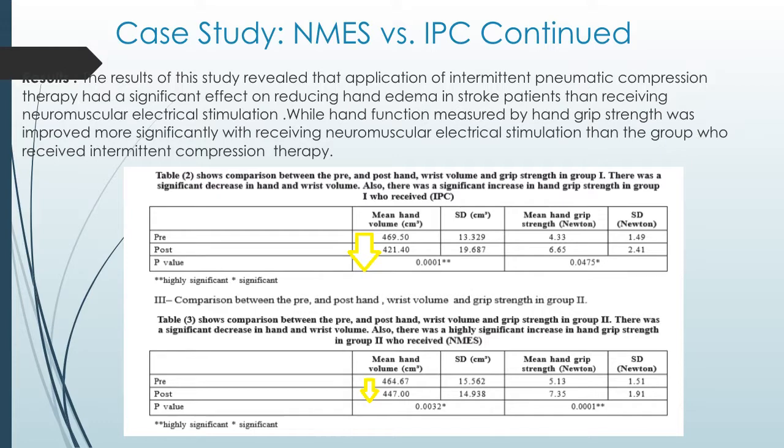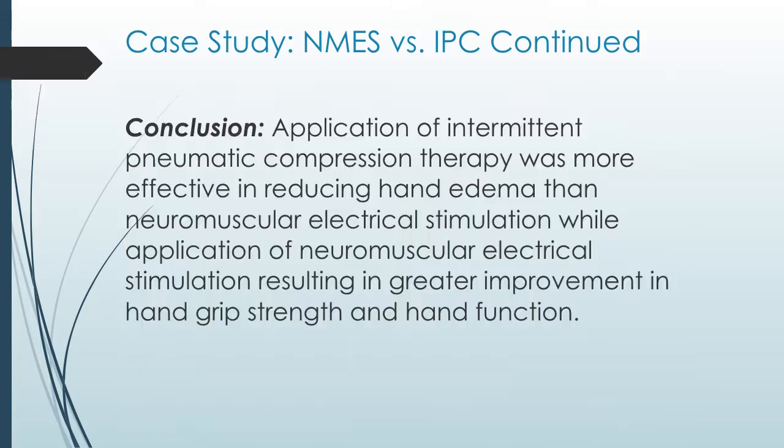The second table is comparing group 2, the NMES group, pre and post edema values, and the yellow arrow is showing a slight edema reduction from 464 centimeters squared to 447 centimeters squared. Conclusion. Application of intermittent pneumatic compression therapy was more effective in reducing hand edema than neuromuscular electrical stimulation.